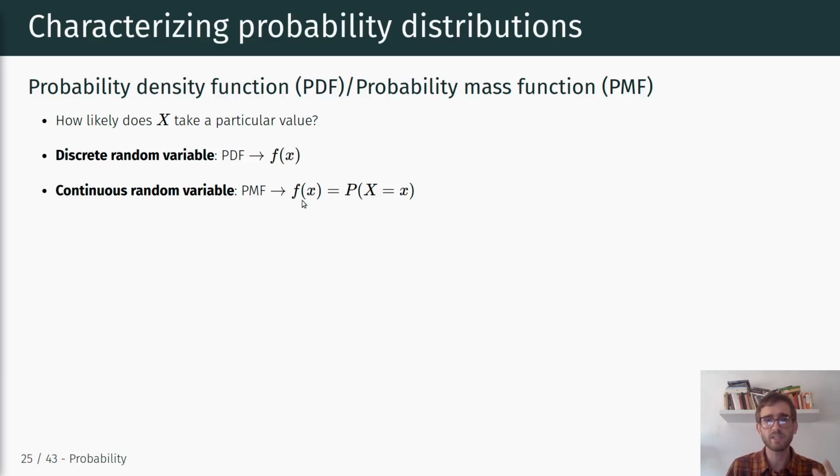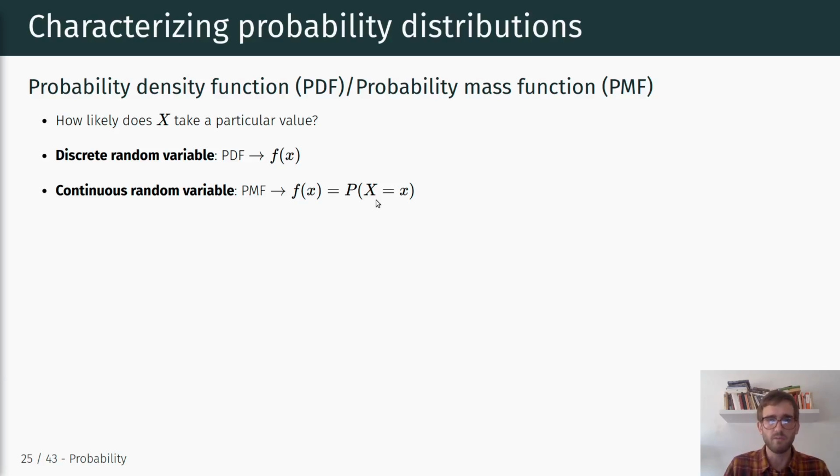So we can directly describe the probability of each of those discrete events because we have a limited set of events. So we can directly describe the probability of x taking each and every one of those individual events, and that's why we have a probability mass function where we plug in a value of x. For example, we roll a 5, and we can directly compute the probability of that event, right?